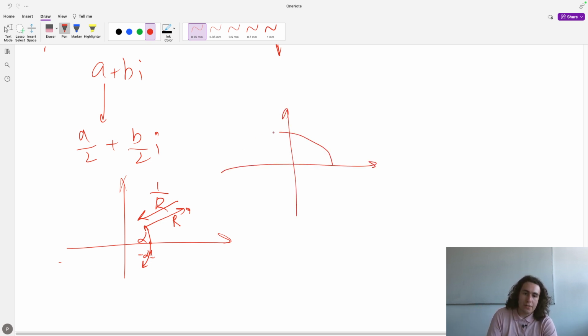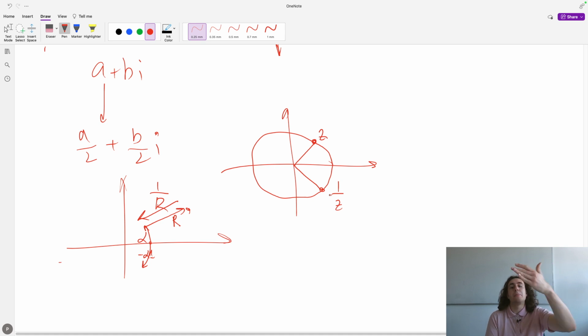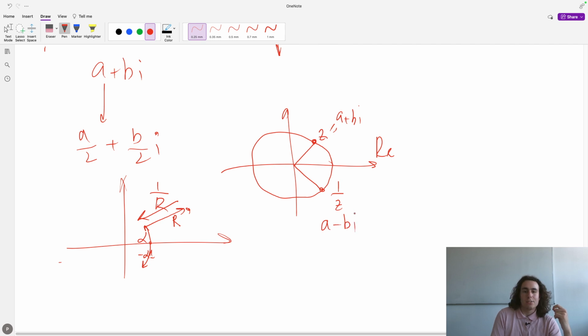So actually, if you have a number that lives in a unit circle, then 1 over this number is just the same number that is mirrored along the real axis. So if this was a plus bi, if I mirror it, then a doesn't change, and the second coefficient changes its sign, so it's actually a minus bi.